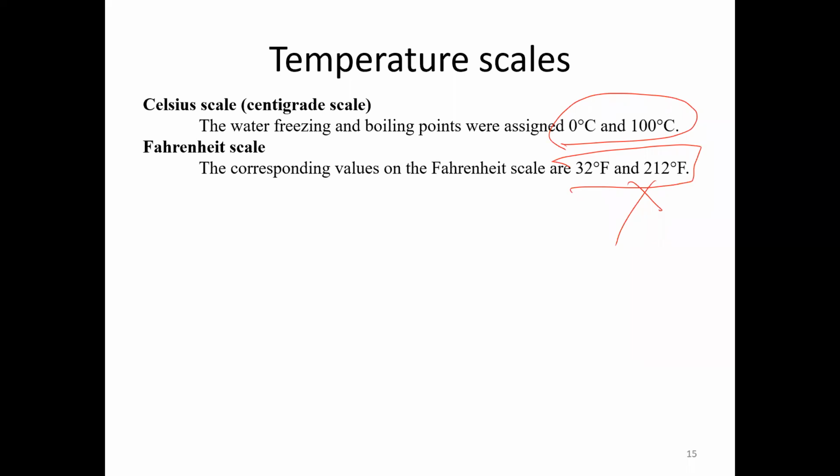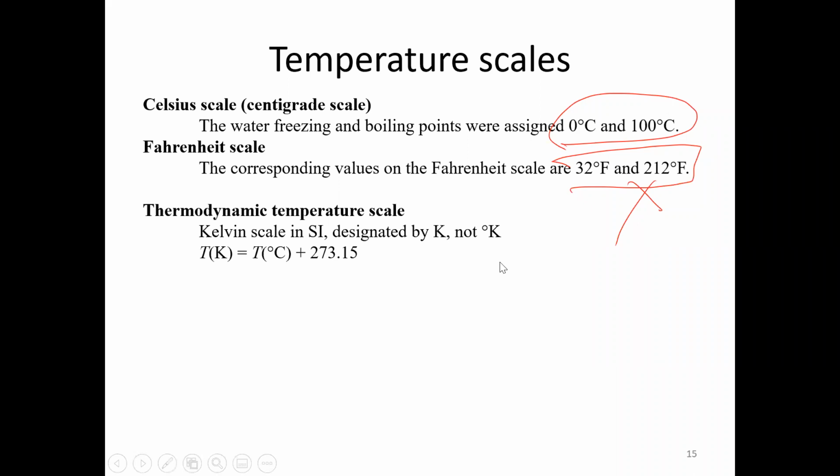We don't use it. We use the Celsius one. But it's also good to know how to convert Fahrenheit to Celsius, because sometimes, for example, you are doing research and you come to a journal paper published on the other side of the world, maybe in the US, where they still use Fahrenheit. So you can always know how to convert.